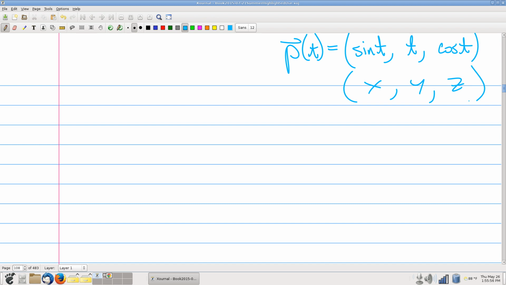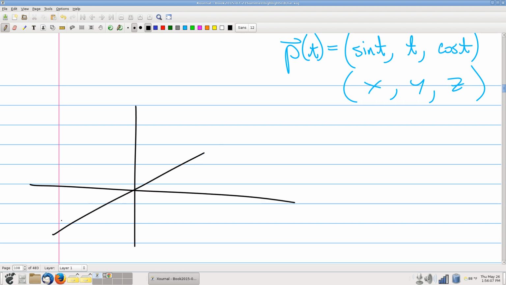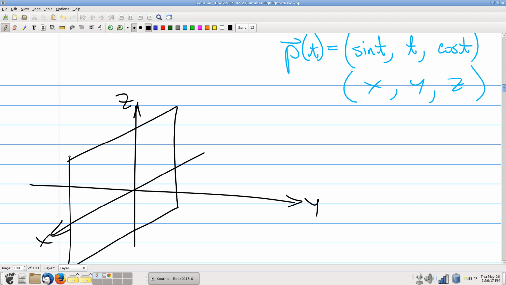So this point, as it moves around in space, if I were to look at its projection into the xz plane, in other words, if I were to sort of throw away the y coordinate, looking just at the x and z coordinates, it's going around in a circle.